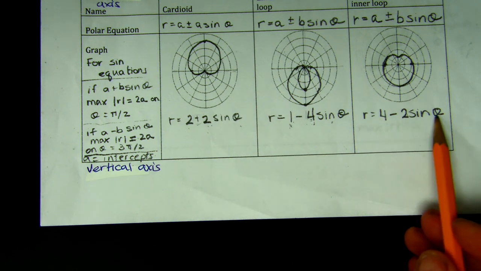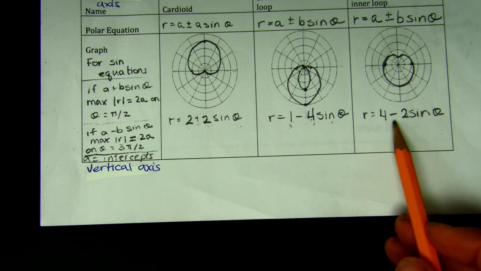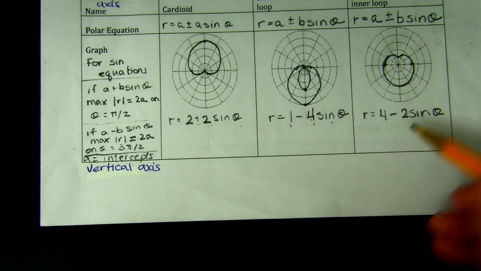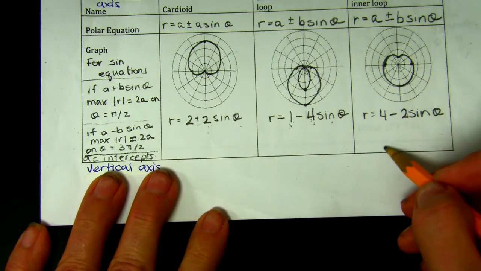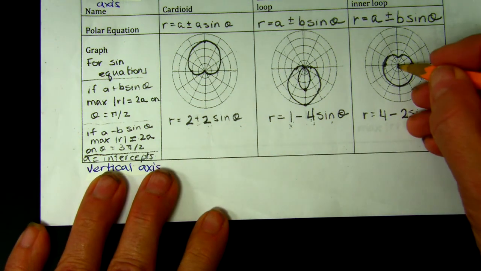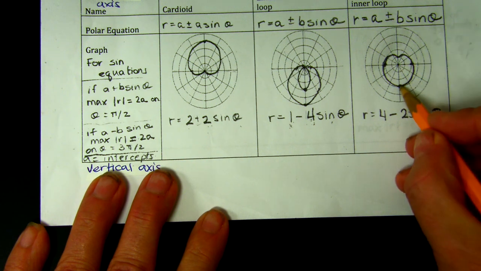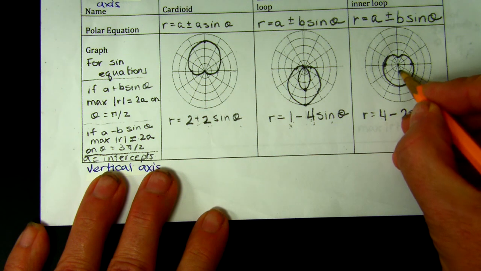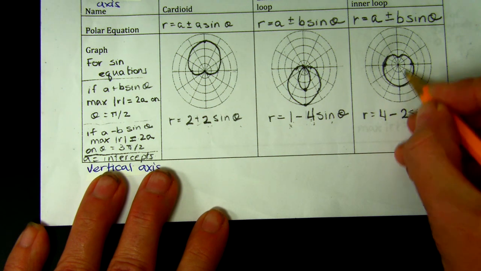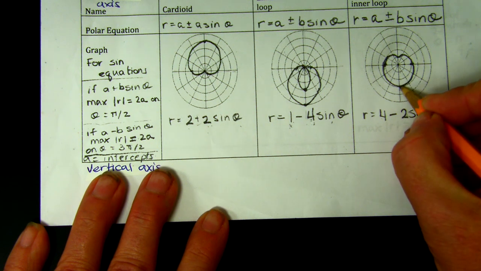R equals 4 minus 2 sine theta. A is bigger than b, so this is going to be a dimpled limacon. A plus b is going to be the distance from the pole to the maximum radius. So that's going to be 6. Now, on this graph I made each piece 2. The scale here is 2, so that's 1, 2, 3, which would be 6.